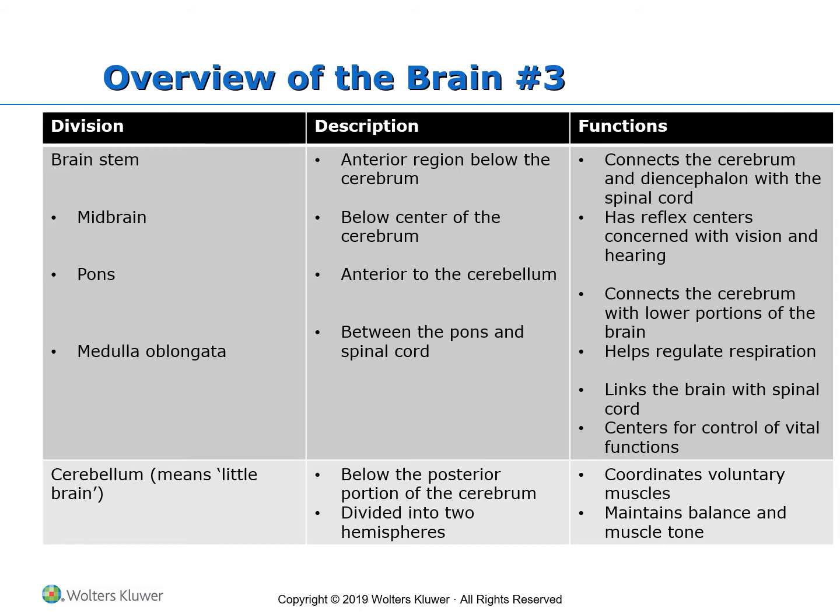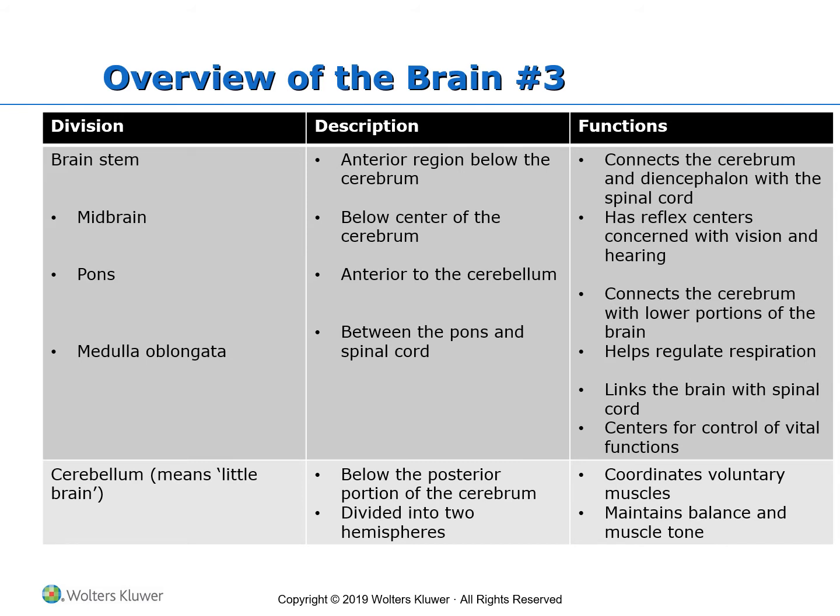It also acts as a relay and connects the cerebrum with the lower portion of the brain. The pons sits anterior to the cerebellum and connects the cerebellum with other portions of the brain. The main function of the pons is to regulate respiration and the heart function.